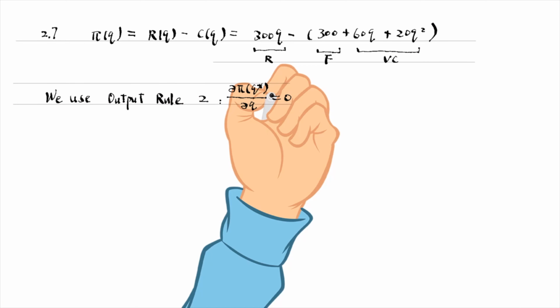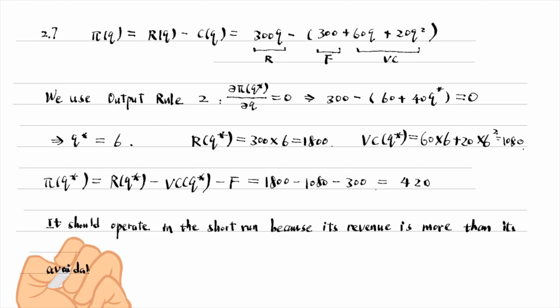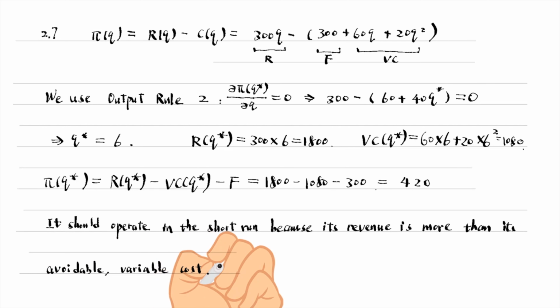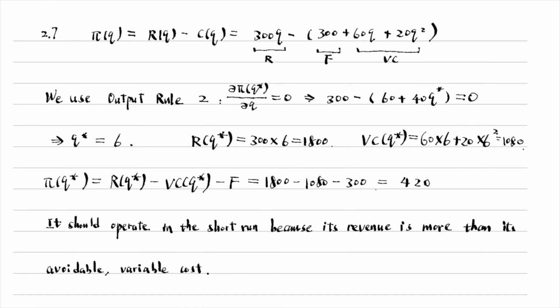The firm's profit is 420 at this output level. It should operate in the short run because its revenue is more than its avoidable variable cost. A firm shuts down only if its revenue is less than its avoidable cost.